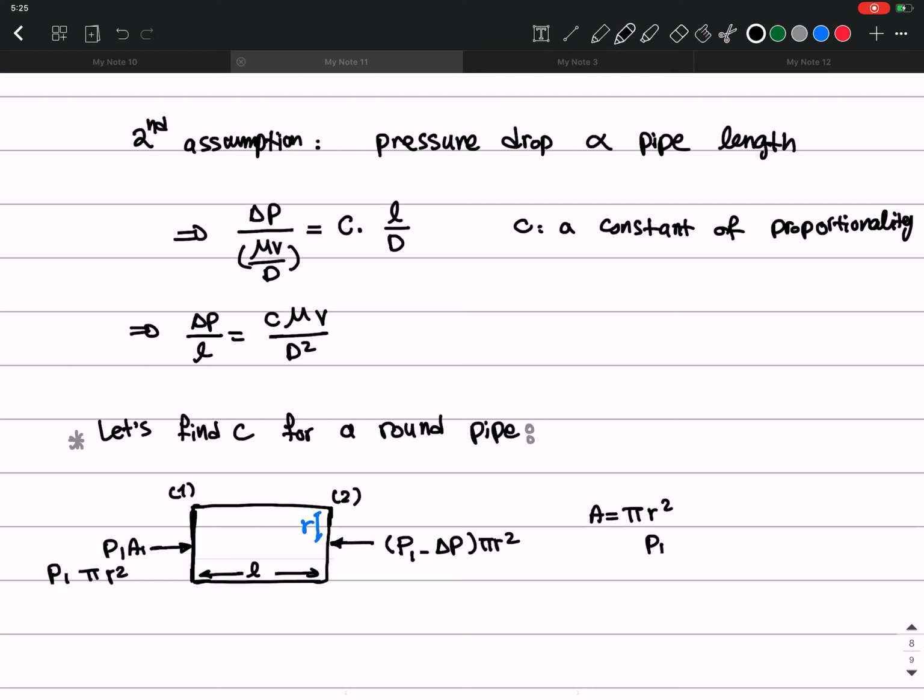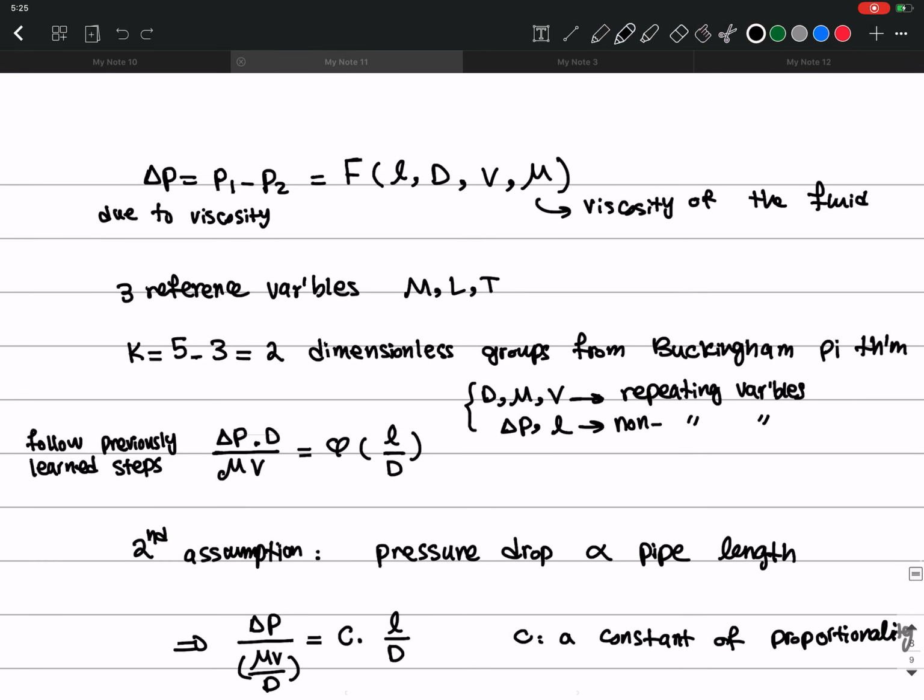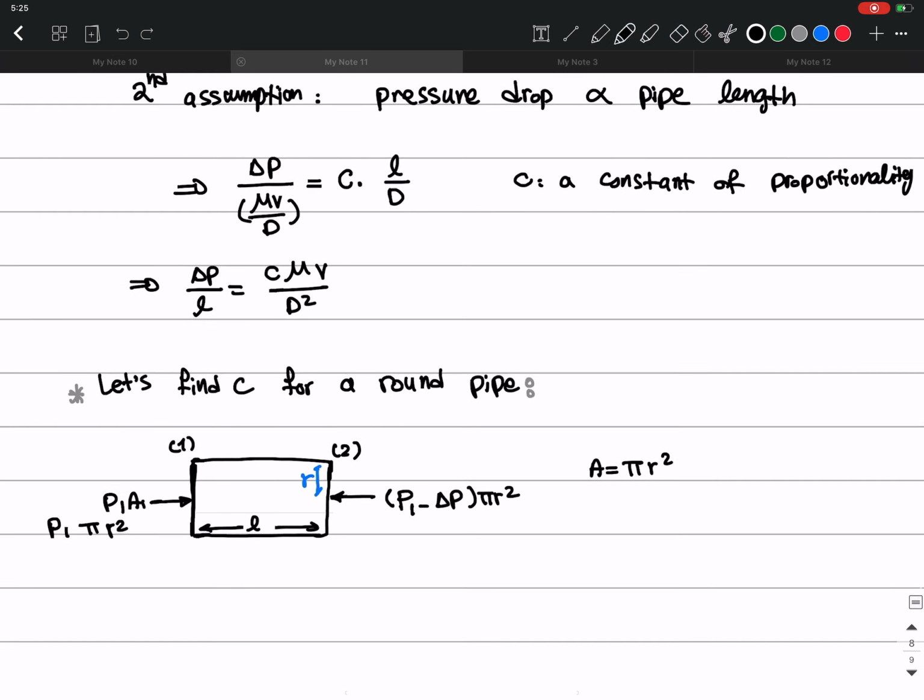Remember that we had before that delta P is P1 minus P2, right? So P2 is P1 minus delta P. Okay? So this is another force we have here. And then we have all the shear stresses that act on the surface of the pipe. Okay?